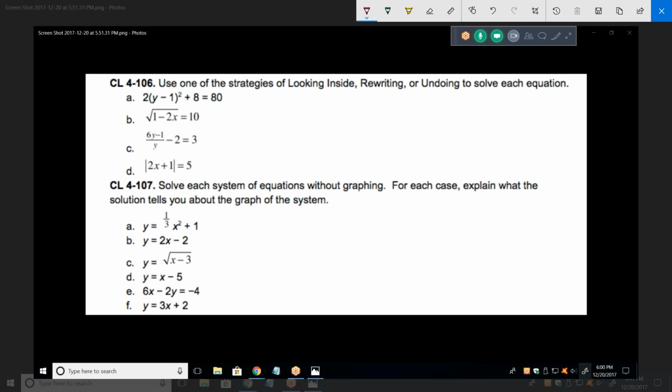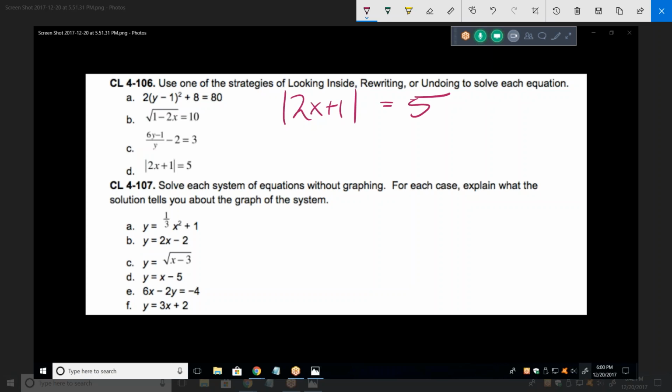All right, real quick before we do this other relatively easy problem down here to make sure you can handle absolute values. So when I say that the absolute value of something is equal to a number, it always means two things. What are they? It's a plus and a minus.